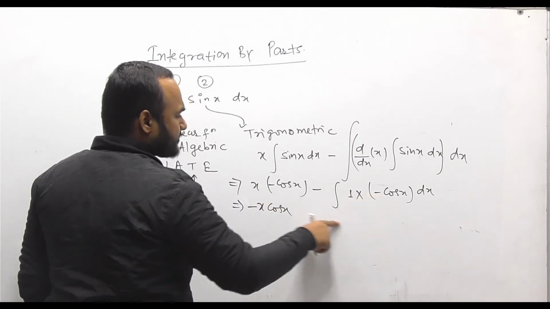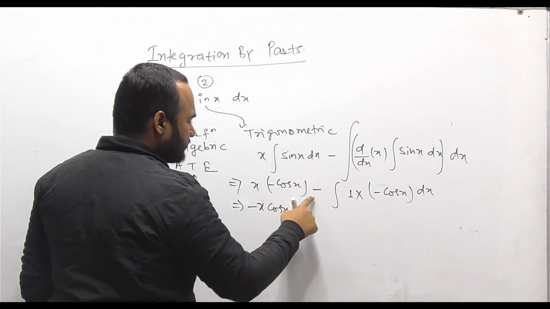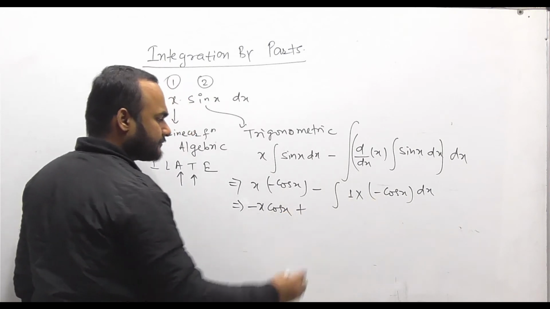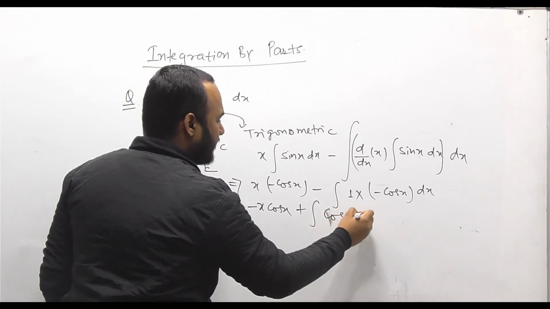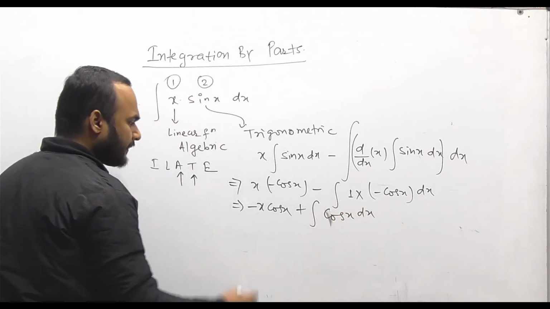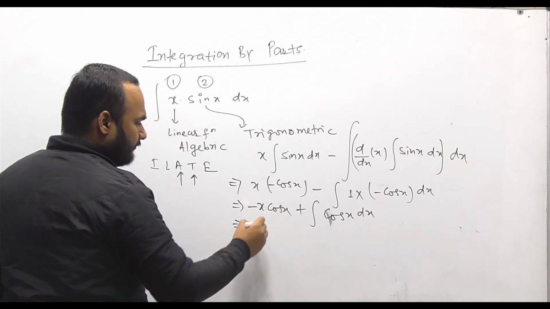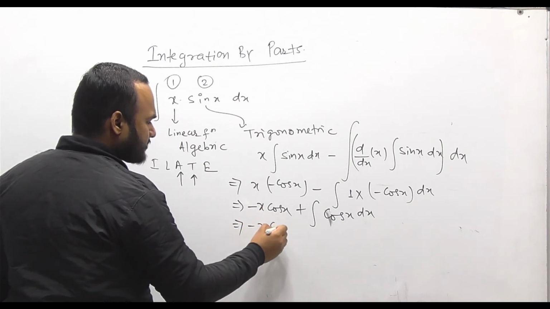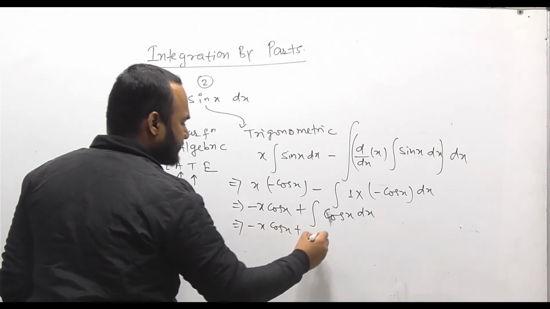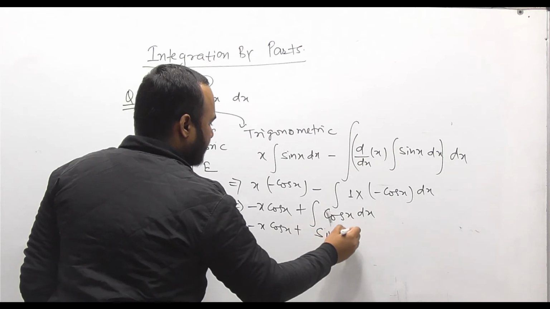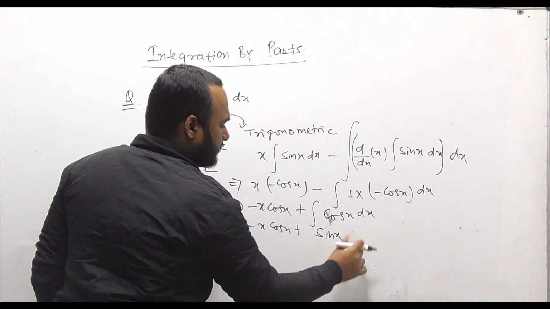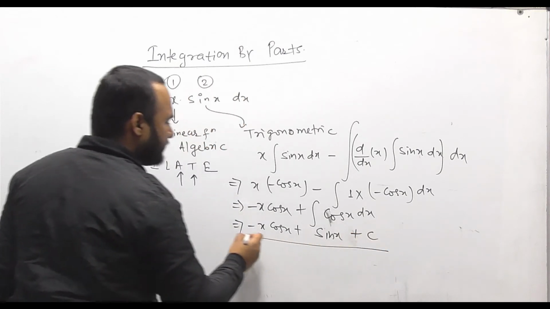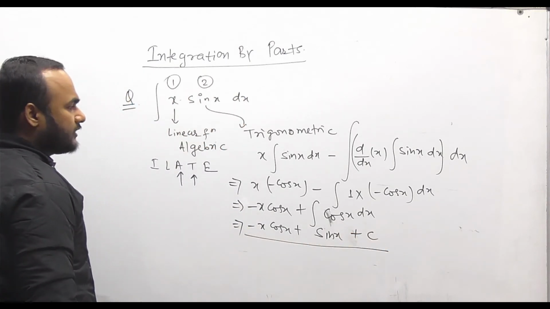We can take the minus out of the integration because it is a constant, so it will become plus the integration of cos x dx. So this becomes minus x cos x, and the integration of cos x is nothing but sin x, plus some arbitrary constant c. So this will be our solution.